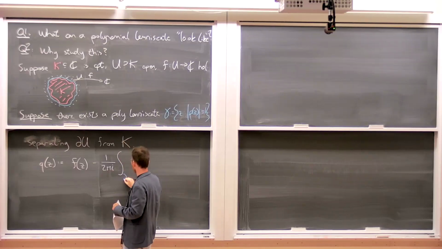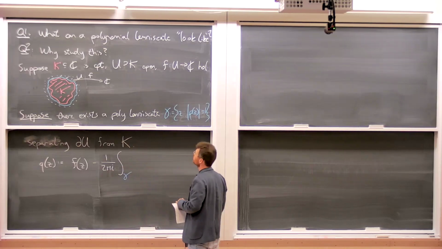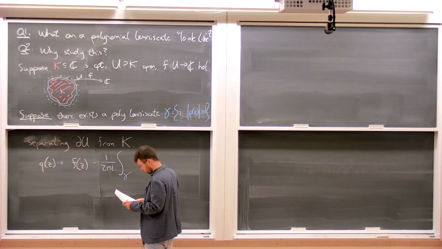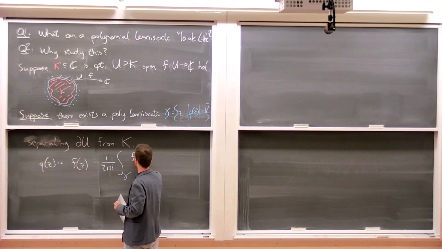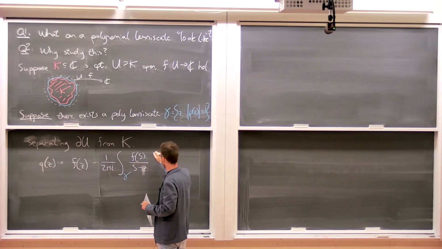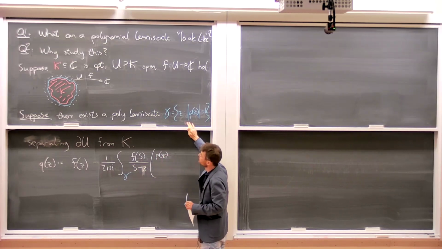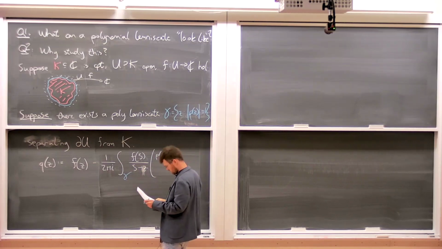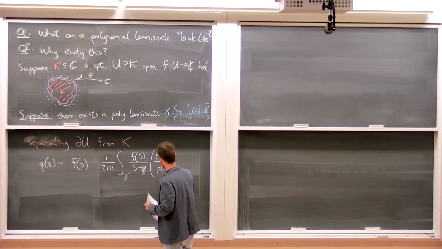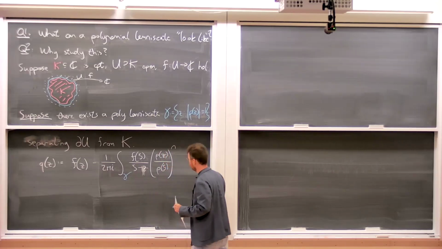Maybe I'm going overboard with the colors, but let me try and stay consistent. We're integrating over this polynomial Lemniscate f of zeta over zeta minus z. This almost looks like the Cauchy integral formula, but we have this extra term, which is the polynomial appearing in the definition of this Lemniscate, p of z over p of zeta, raised to the nth power.